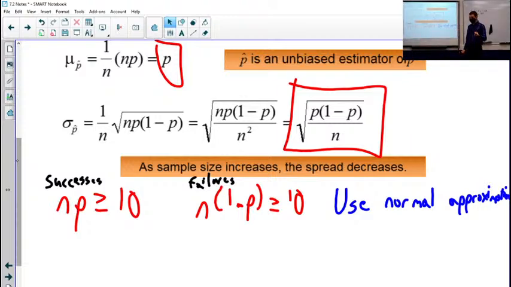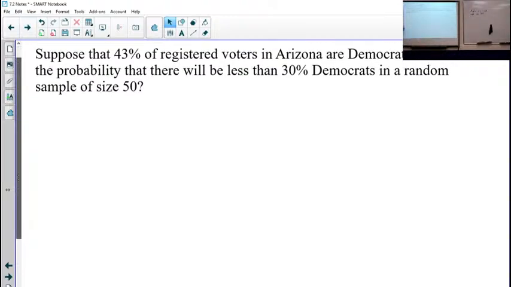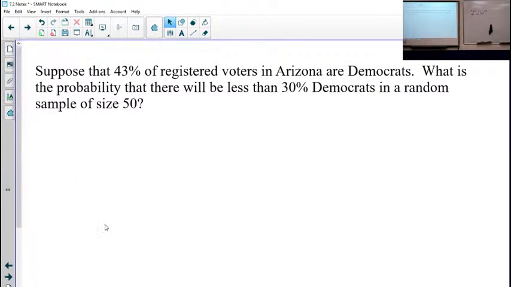So 25 times 0.6. So in that case, we can safely say that we are looking at an approximately normal distribution. So that's something we need to check. All right. So those are the formulas that we're going to use in our normal calculation here.